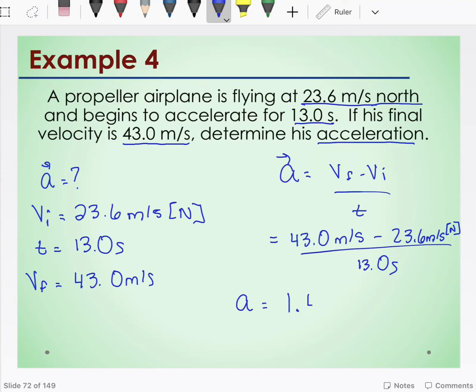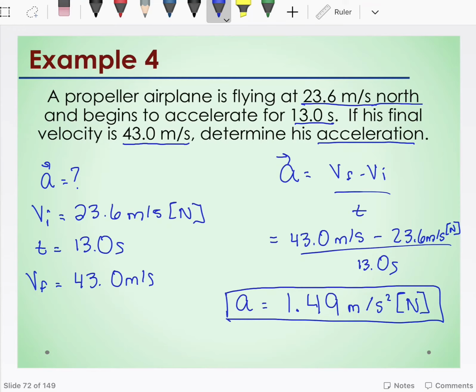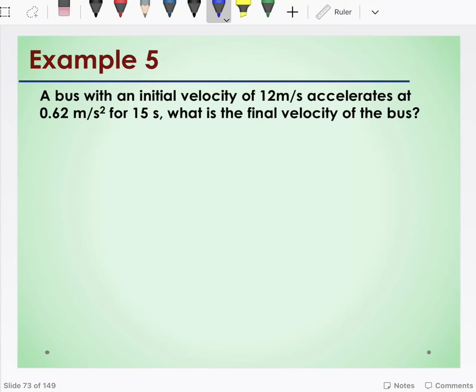Okay, that equals 1.4923, but most of the time we can just leave it at 2 decimal places. As you move on in science, you'll learn about significant digits, but we'll just leave that. My units become meters per second squared, and because my velocity was north, my acceleration is north here because it's positive.